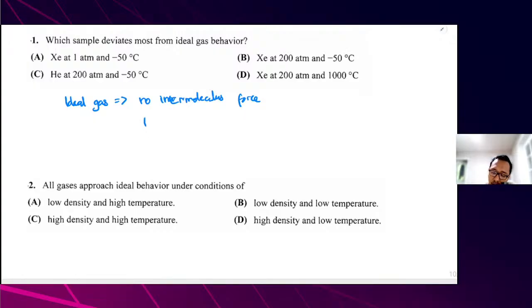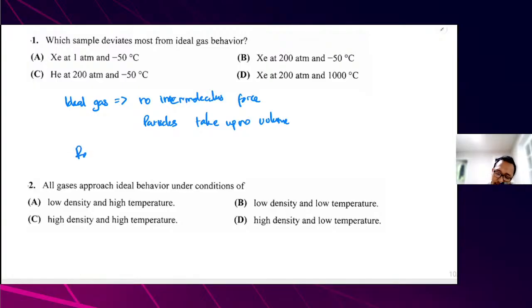And then the particles take up no volume. So there is no volume.